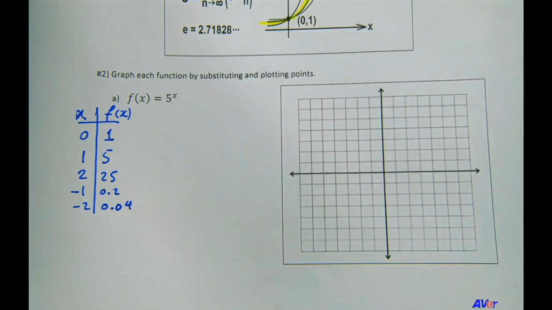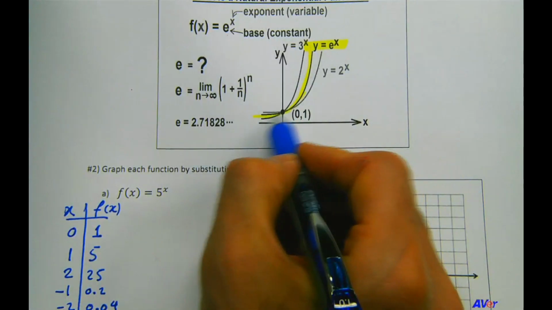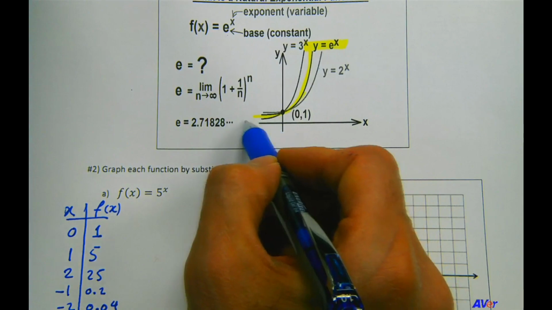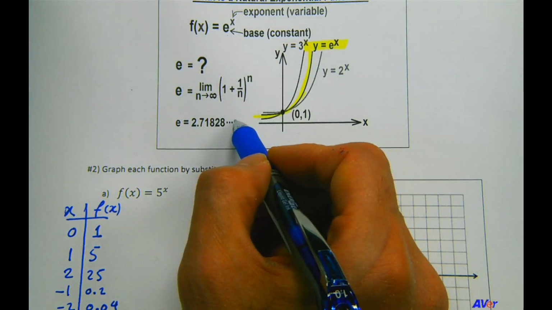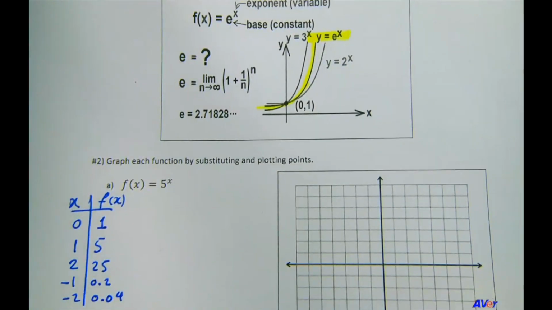That's in fact what is happening in this graph up here. Notice on the negative side of x, as x values get smaller and smaller, this line appears to be approaching y equals 0, which is perfectly correct, because the exponential function will never be 0.